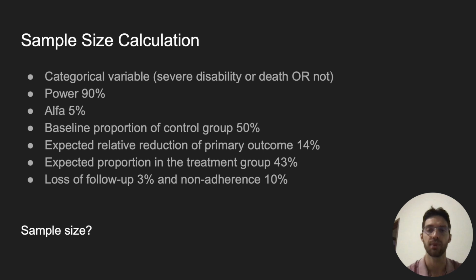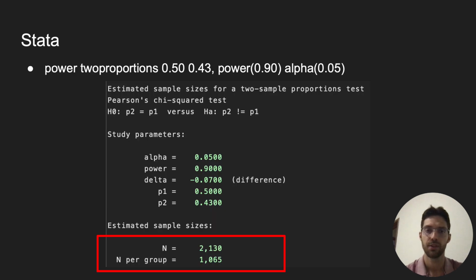So how are we calculating the sample size? First step, I chose to use the Stata program to calculate the sample size. So we used the estimated sample sizes for two proportions tests, chi-squared, and with the information I just mentioned, we obtained a total number of 2,130 patients.